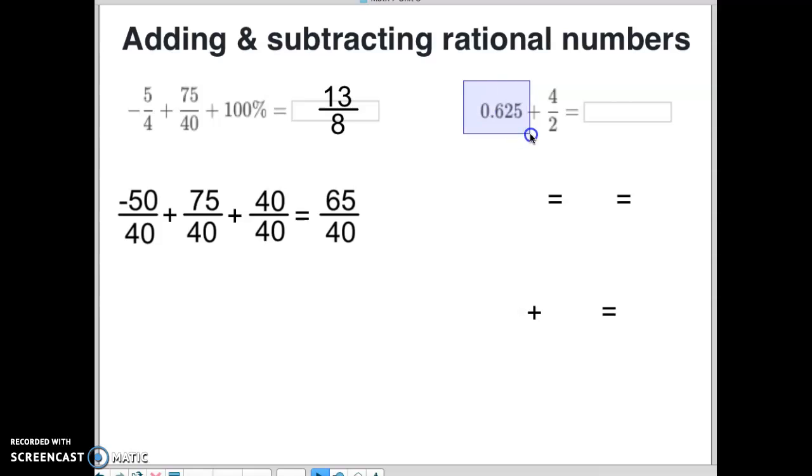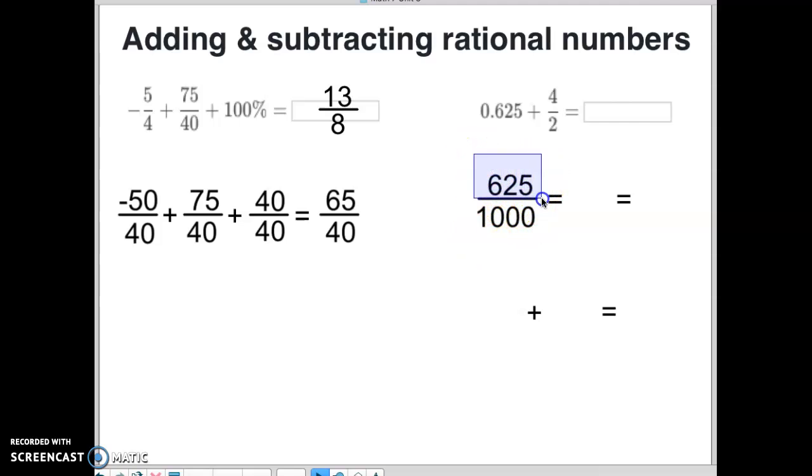Ooh, remember how to take those nasty decimals and turn them into a fraction? If you don't, remember you take these three numbers here, put those on the top, and that also represents how many zeros go after a 1 on the bottom. So it should be 625 over 1,000. Now we should try to simplify that first, because that's kind of a huge number.